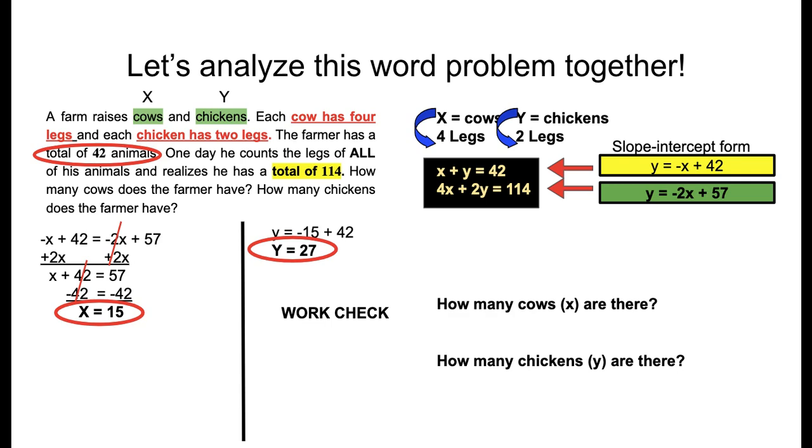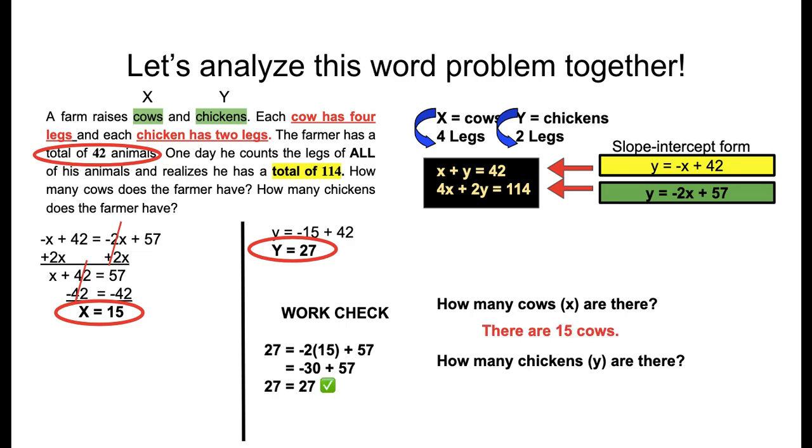So the new equation would look like 27 equals negative 2 times 15 plus 57. And negative 2 times 15 is negative 30 plus 57 gives me 27, which proves that it is a true equation and it checks out.